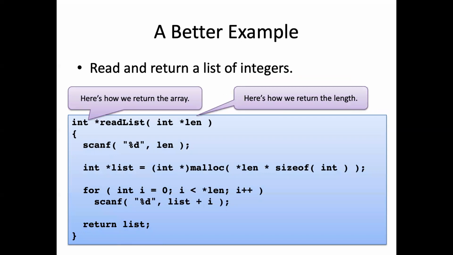So here I've got a function that's doing something that I couldn't do a good job of without having access to heap memory. I called it read list. The idea is you call it and it will read any number of ints from standard input, and it'll return them to you by returning a pointer to some dynamically allocated memory.